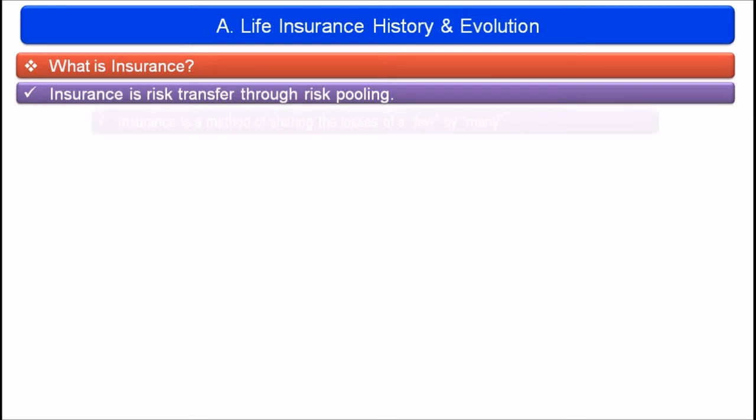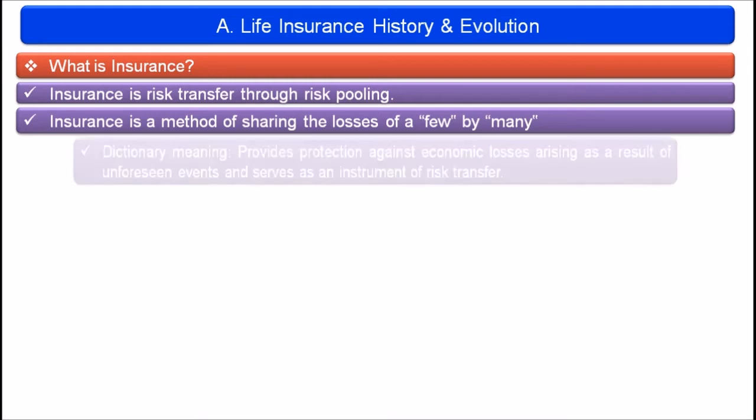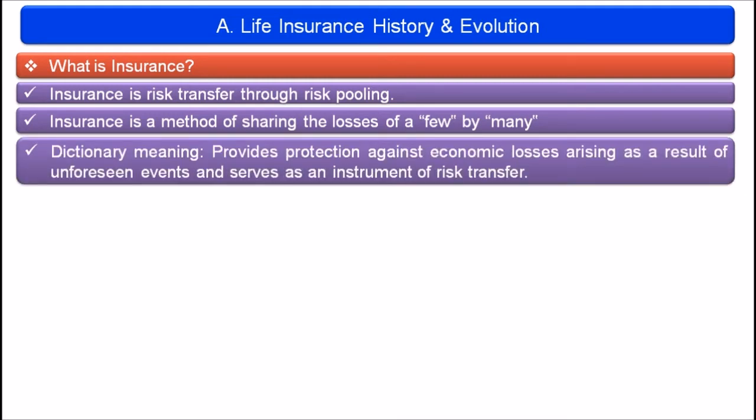Just remember like this. And in another way, it is very important. In all exams you will get this question. Insurance is a method of sharing the losses of a few by many. Right friends? But as per the dictionary meaning, it provides protection against economic losses arising as a result of unforeseen events and serves as an instrument of risk transfer.